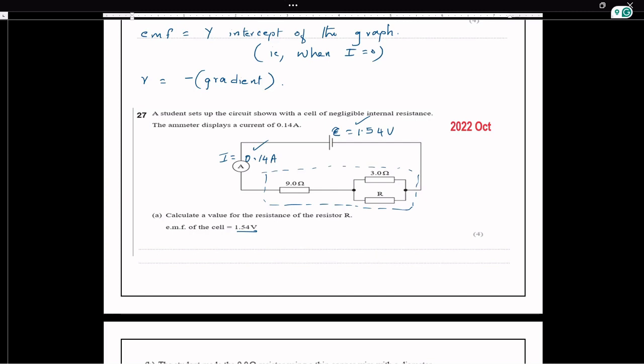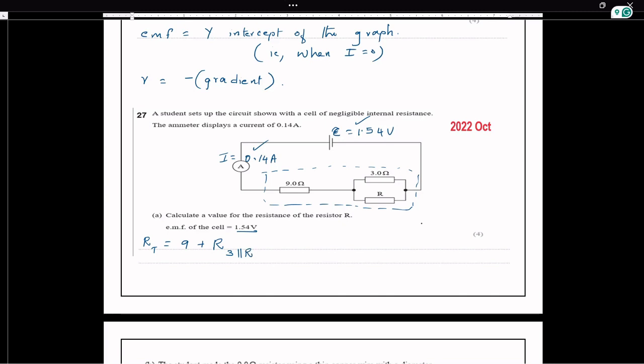Let us calculate R total. You see that 3 ohm and R are connected in parallel, and that parallel combination is in series with 9. So R total is 9 plus the parallel combination of 3 and R.